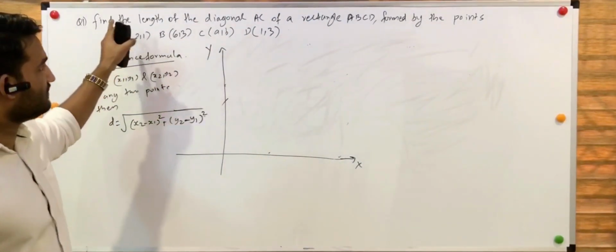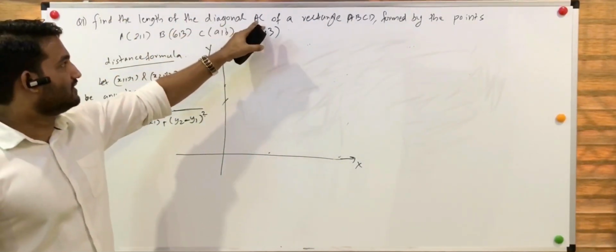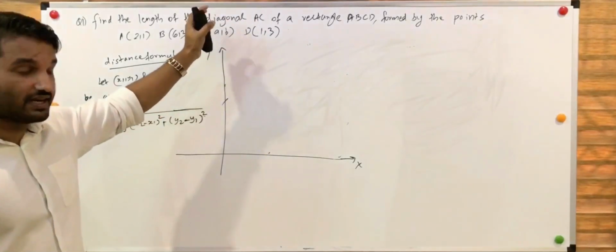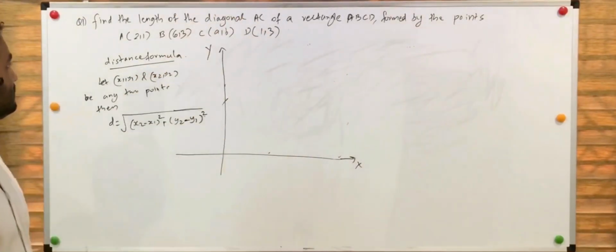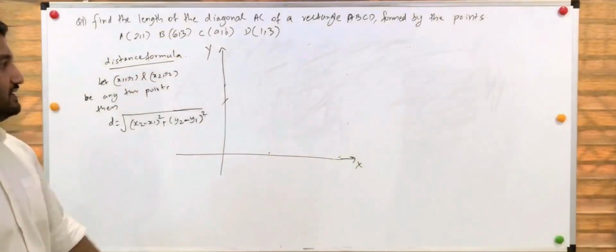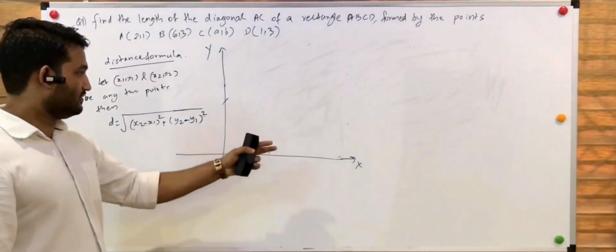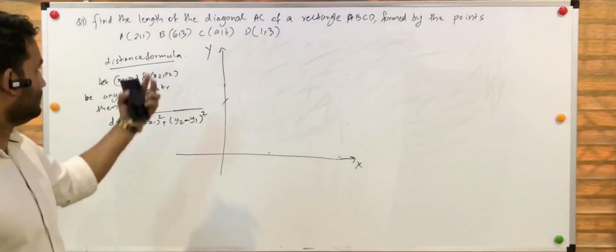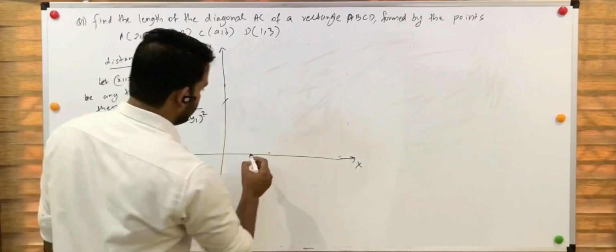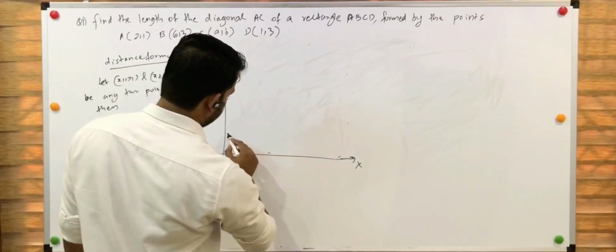The question we are asked is the same: find the diagonal AC. The question remains the same, but I have changed only the coordinates. So let's see what would be the final answer here. Okay. Here A is at 2, 1.